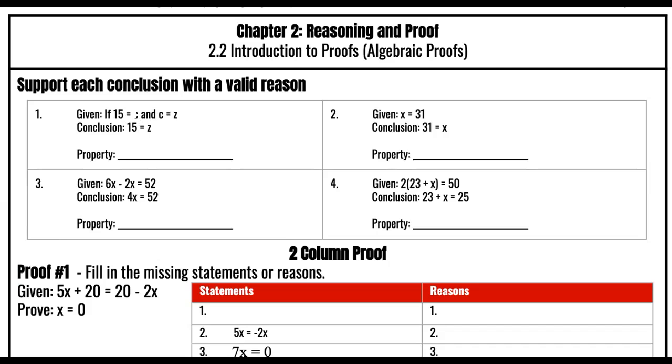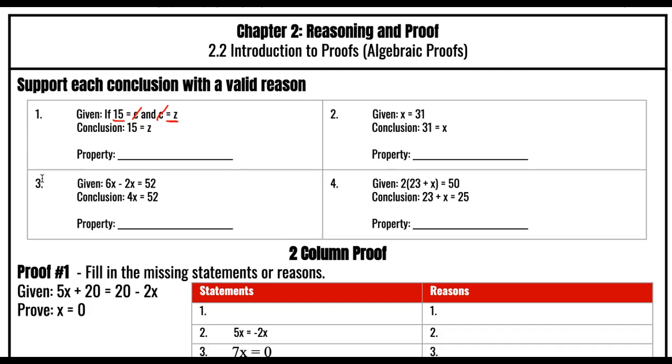So C is equal to 15 and C is also equal to Z. That means those two things are also equal to each other. Basically, you can get rid of the item that's being repeated, and what's left over have to be equal.